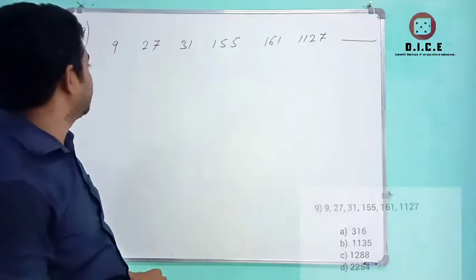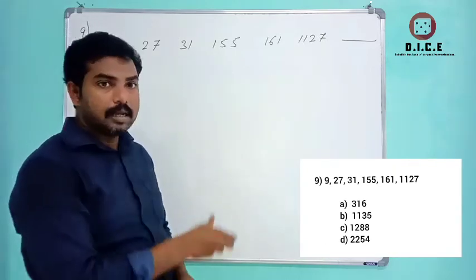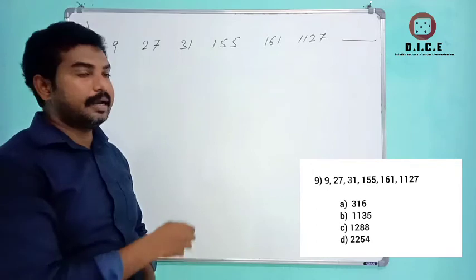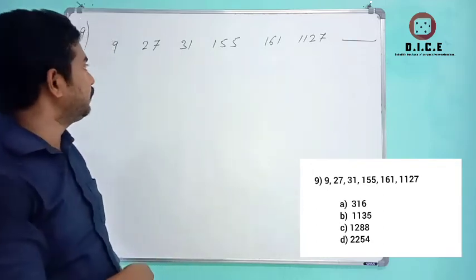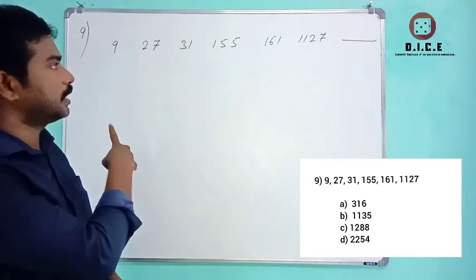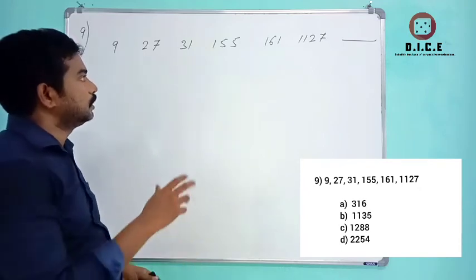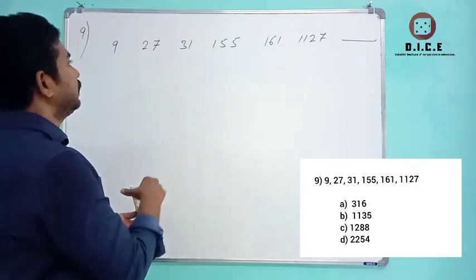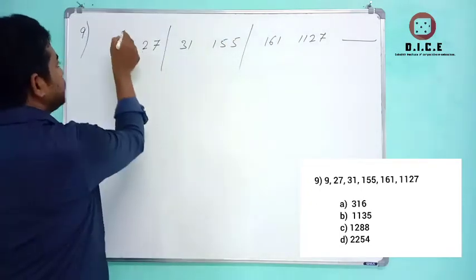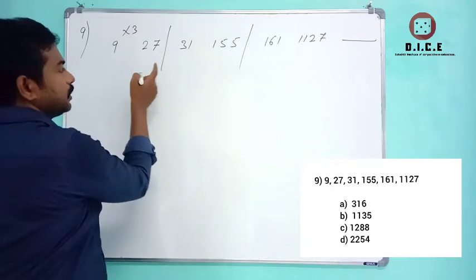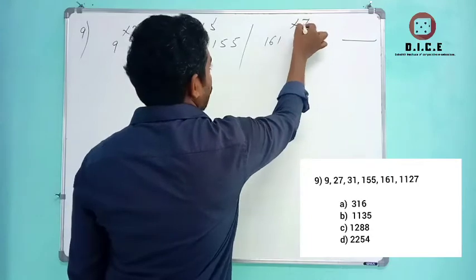Now we shall see question number 9 here: 9, 27, 31, 155, 161, 1127. By seeing the pattern, it signals that it's a case of multiplication, because a single number starts at 9 and it ends with 4 numbers, 1127. Now if I consider every 2 numbers as a set, it is clearly saying that 9 3s are 27, 31 5s are 155, 161 7s are 1127.